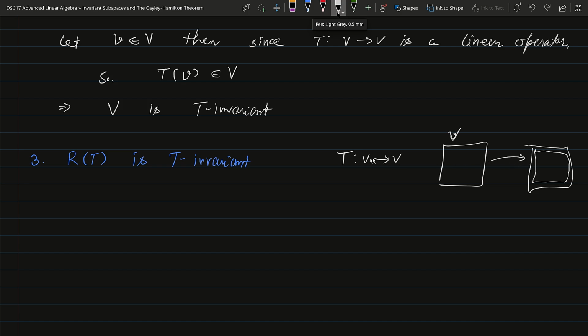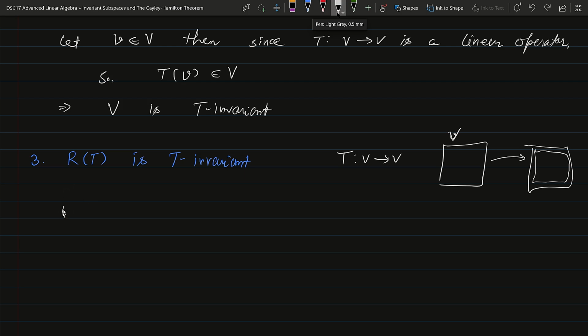Then whenever you choose any element, again the image will be in this particular subspace only. So let us define the range space of T, and by defining range of T we can easily understand how this particular subspace becomes T invariant.